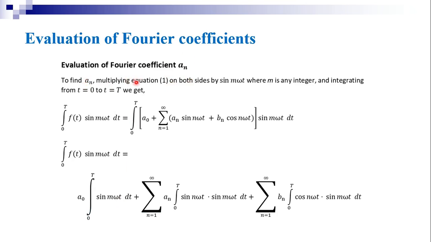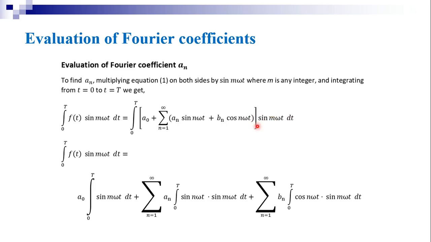To find an, we have to multiply the same equation number 1 on both sides by sin m omega t, where m is any integer, and then integrate between the limits time t is equal to 0 and T. So we get the integration of f of t sin m omega t dt between the limits 0 to T, equal to the integration between 0 to T of a naught plus summation n is equal to 1 to infinity of an sin n omega t plus bn cos n omega t, into sin m omega t dt.